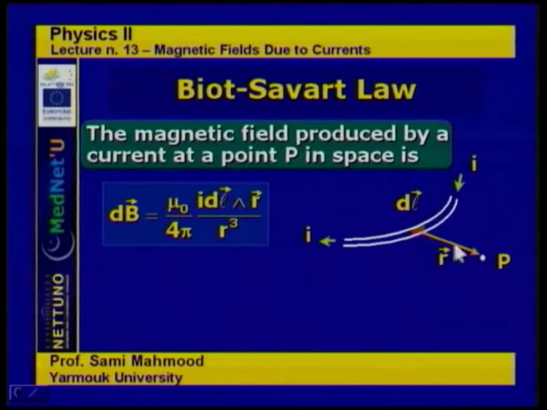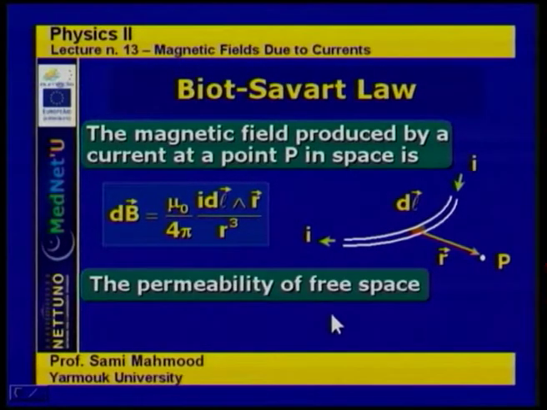If we want to find the magnetic field at point P, then the field produced by this element of length is dB. It has both magnitude and direction. And this dB is given by mu naught over 4 pi times I, the current, times dl, this element of length, cross r, which is the position from dl to the point of interest P, divided by r cubed, the distance between the element of current and the point P of interest.